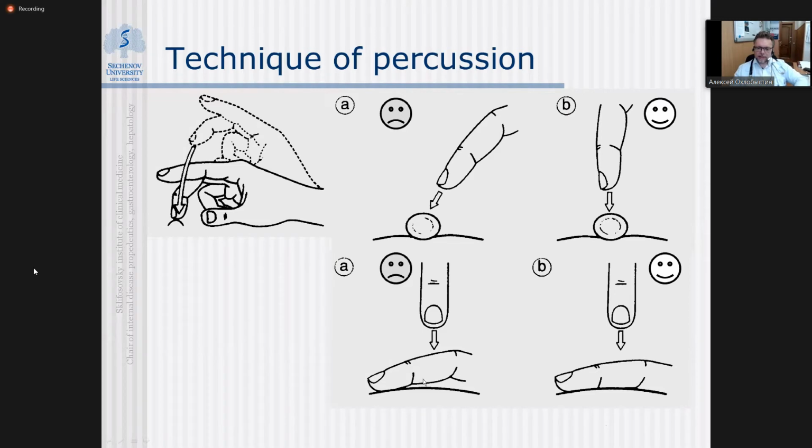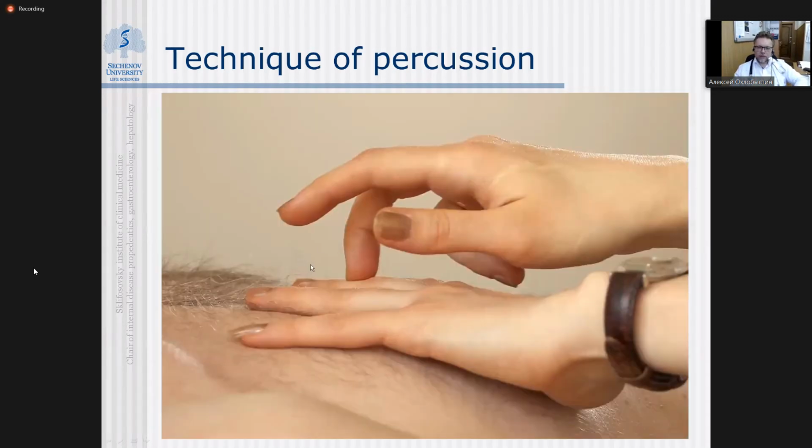If there is insufficient contact, the strike will not be perpendicular but rather oblique. In that case, it will be rather the sound from your finger itself that will produce some kind of dull, bony sound, rather than the sound from the patient's chest. Good. That's how percussion should be done. Strictly perpendicular and tightly pressing the plexus.